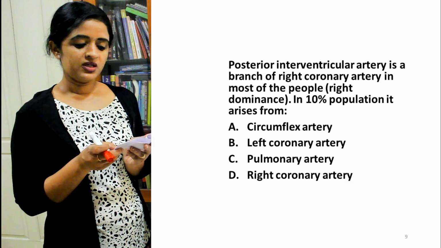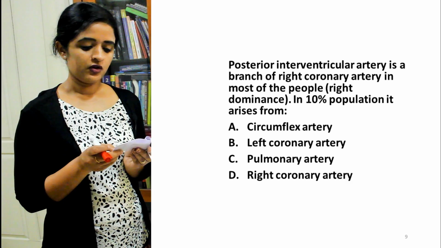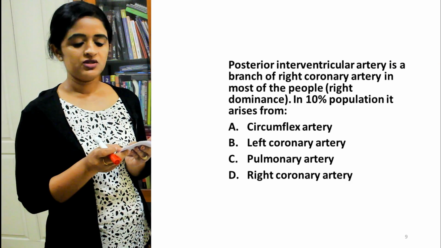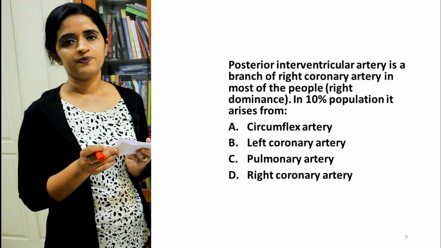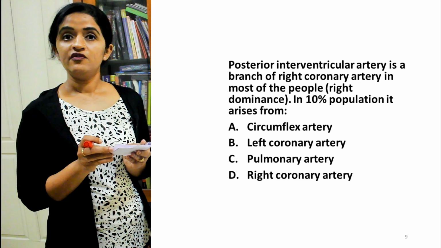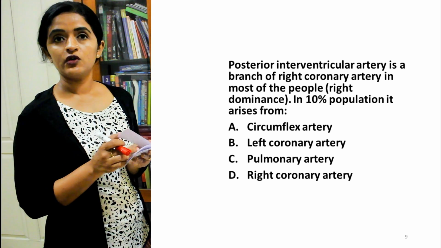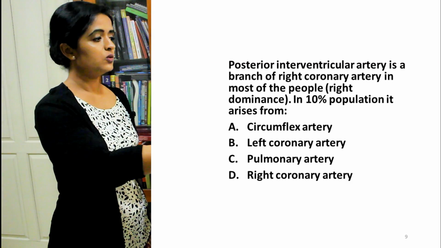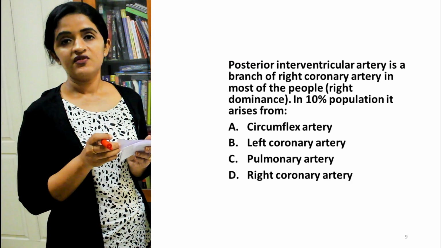The next question: posterior interventricular artery is a branch of right coronary artery in most of the people, that is in right dominance. In 10% of the population, it arises from, we say, the left coronary, but we know that the left coronary artery is a very small segment, because it divides soon into left circumflex and left anterior descending.